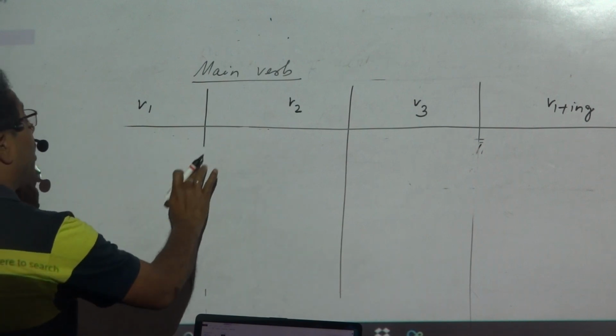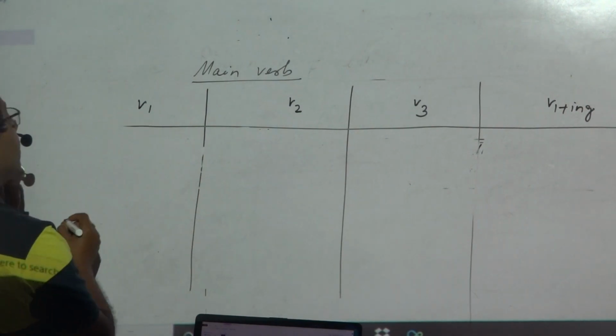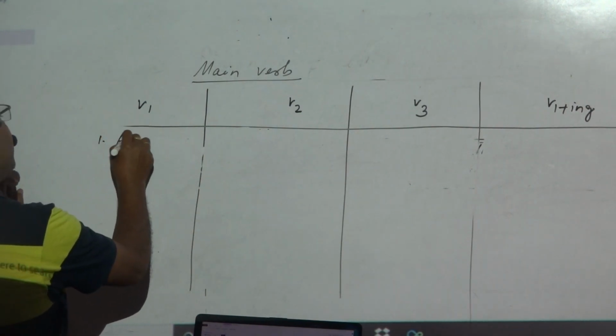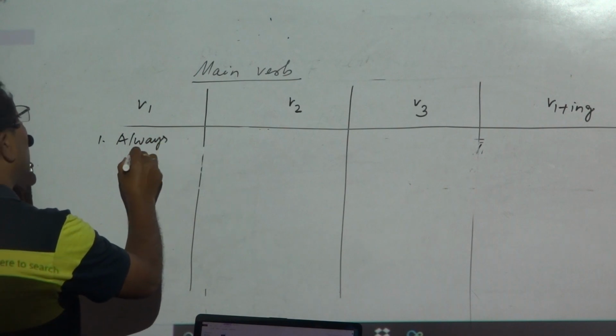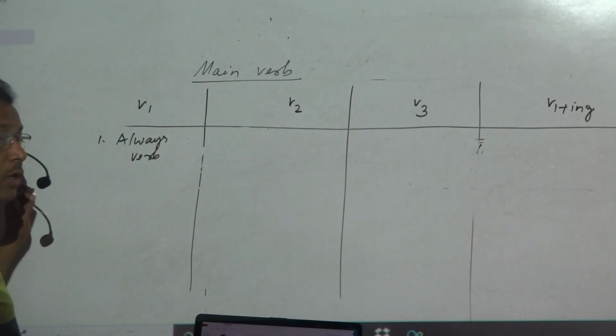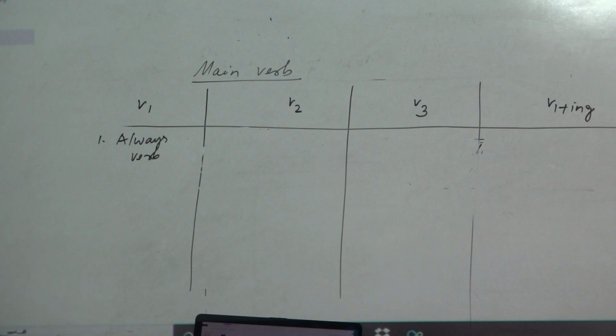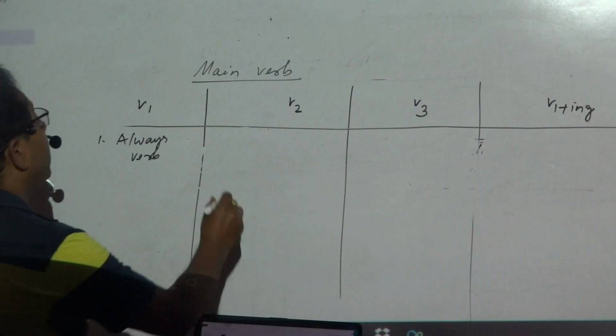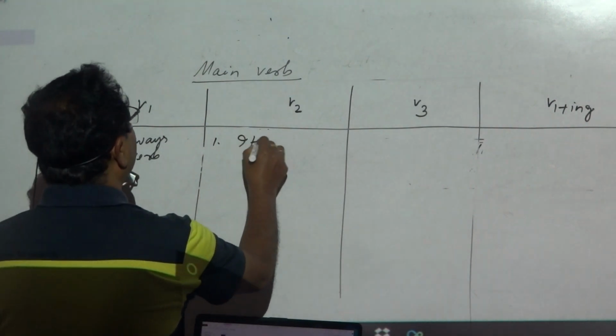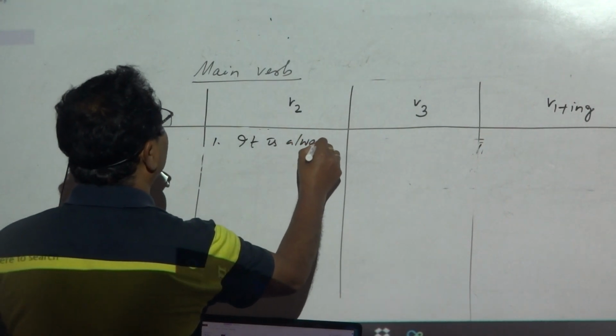Before going through these words, I am telling you, V1 is always verb. Means it may be finite, it may be non-finite, but always verb. V2 similarly is always verb.